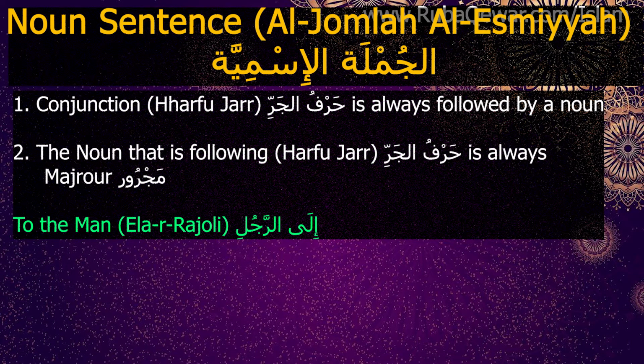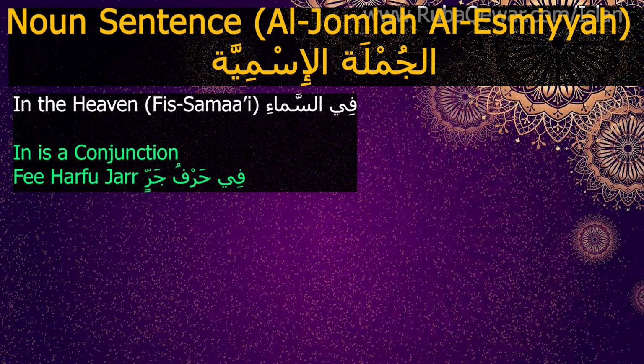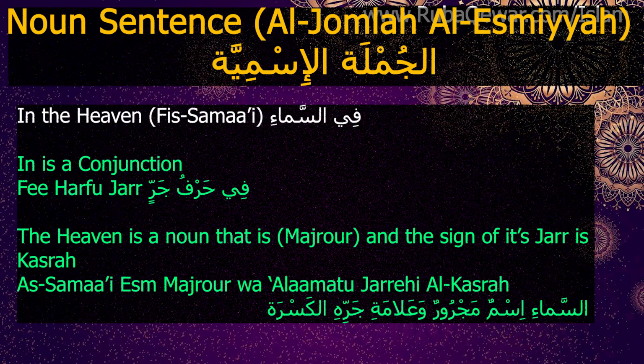Okay, and so on. So how do we do إعراب for them? Let's take في السماء for example. So I say في, we say حرف جر. That's it. السماء, it's اسم, of course it's a noun, مجرور by حرف الجر, وعلامة جره الكسرة.